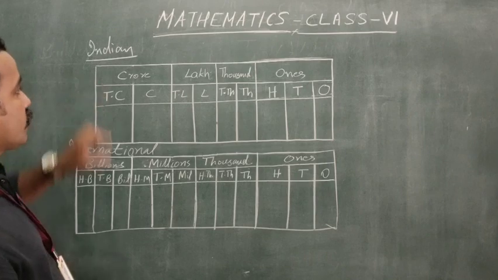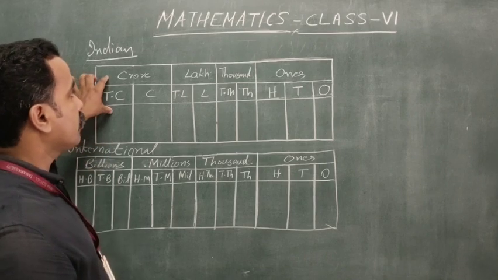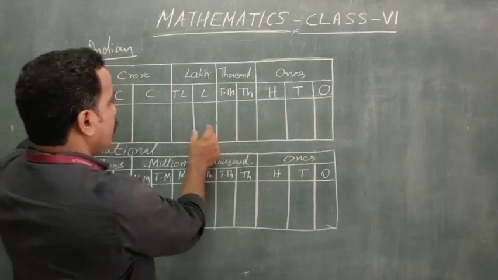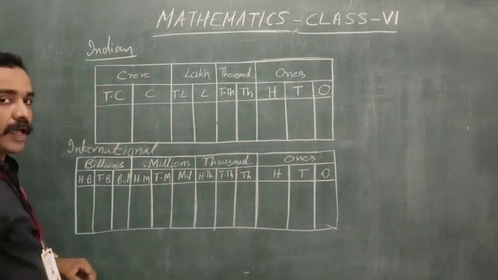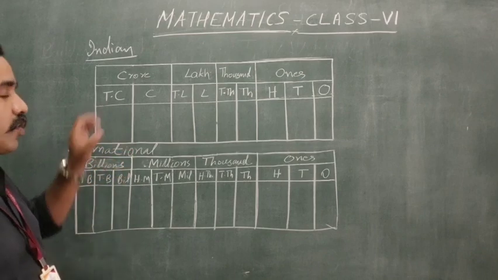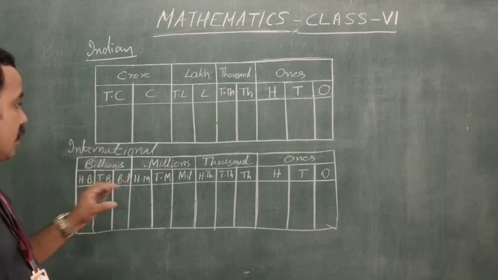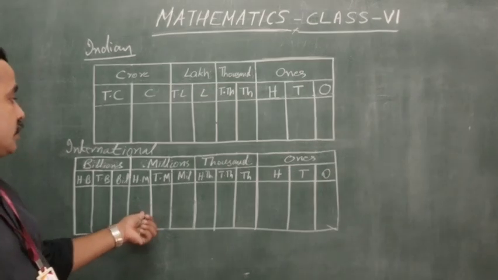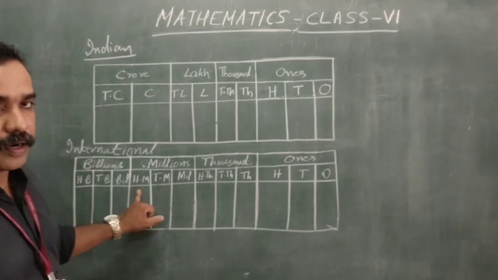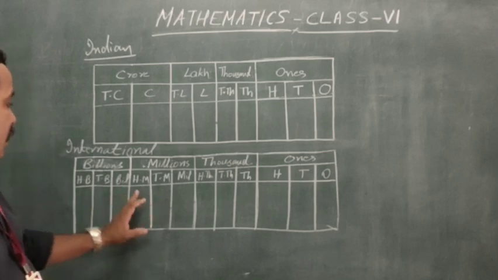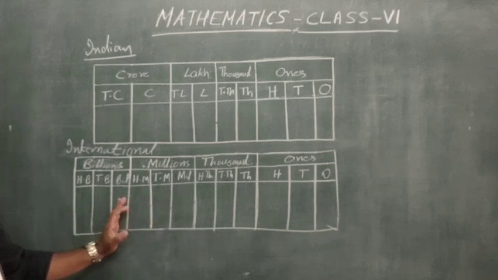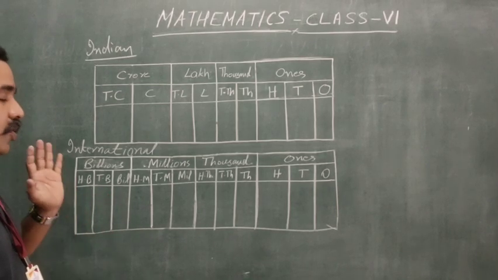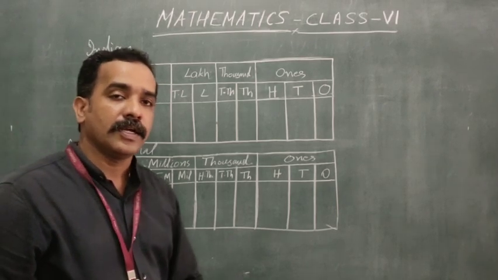In the Indian place value chart, 10 crore is a 9 digit number, but in the international place value chart, a 9 digit number means 100 million. A 10 digit number is billion, 11 digit is 10 billion, and 12 digit means 100 billion.